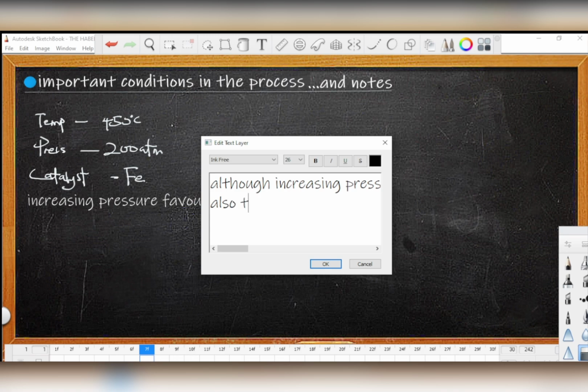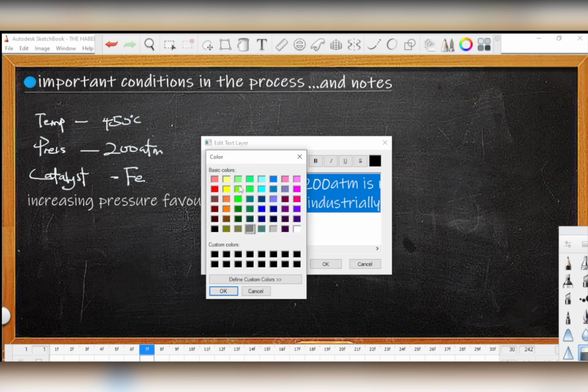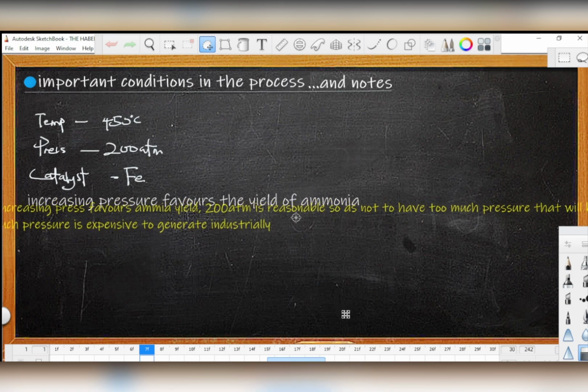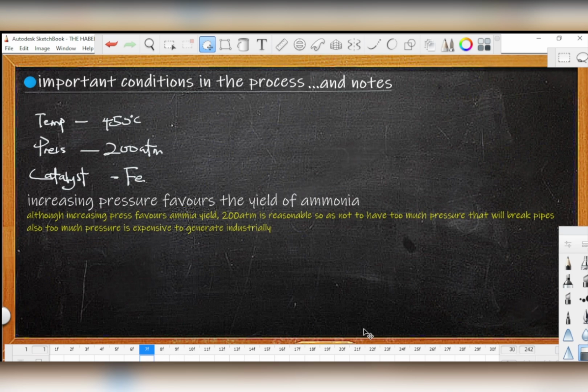Also, too much pressure is expensive to generate industrially. This is an important note. So 200 atm would be a reasonable pressure.